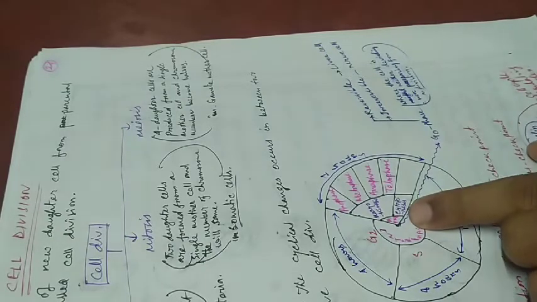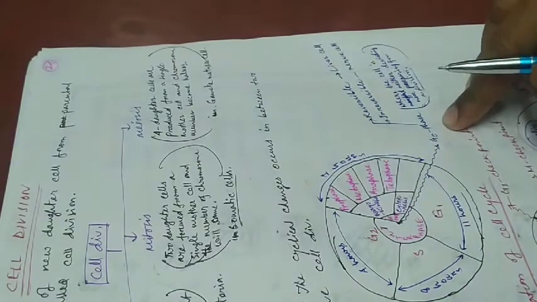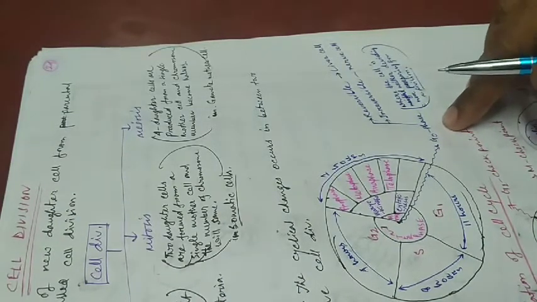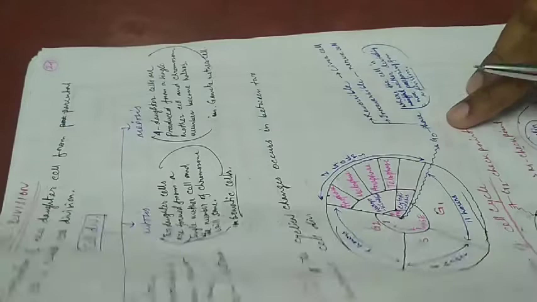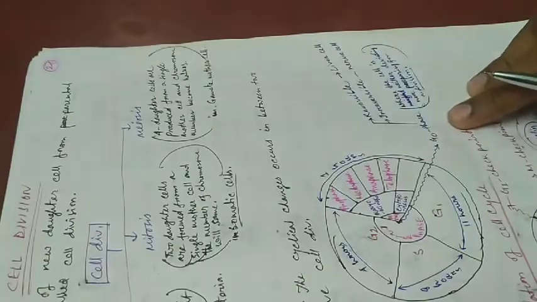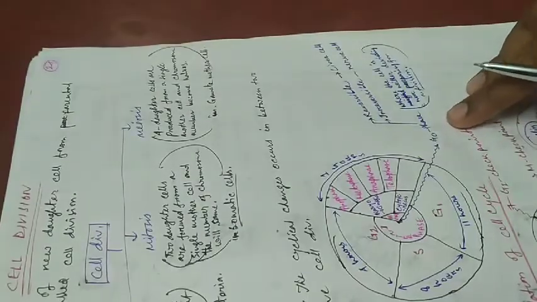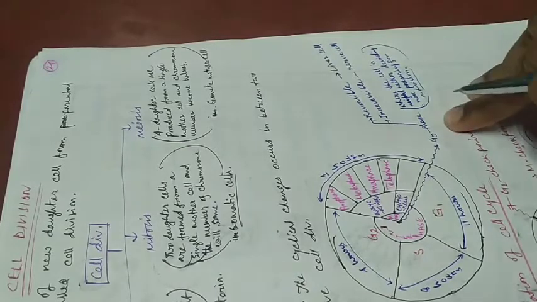Karyokinesis is the division of the nucleus of a cell, and the division of the cytoplasm of a cell is called cytokinesis. Karyokinesis is also separated into four phases: prophase, metaphase, anaphase, and telophase.